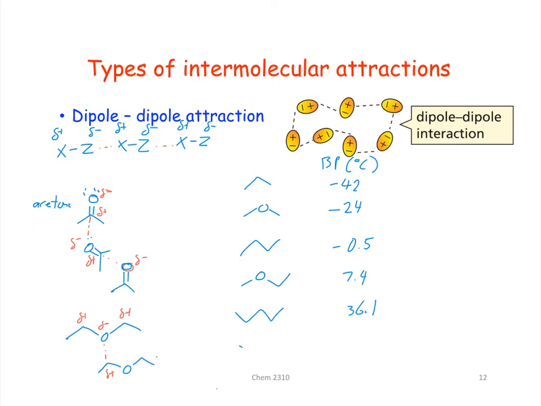And if we look at diethyl ether, this is also a common laboratory solvent, so it's also a liquid at room temperature, and the boiling point is actually 34.6. So they're almost the same. Once we get up to this size and bigger, the van der Waals interactions become more important.